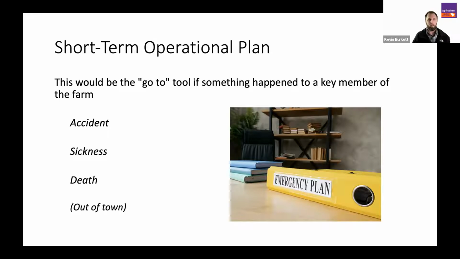They may have to take care of someone in their family that had an accident or is sick or something along those lines. But even if they're out of town for a conference or for business purposes, if they're absent from the farm, this information may be useful and may be critical to continuing the day-to-day operation.